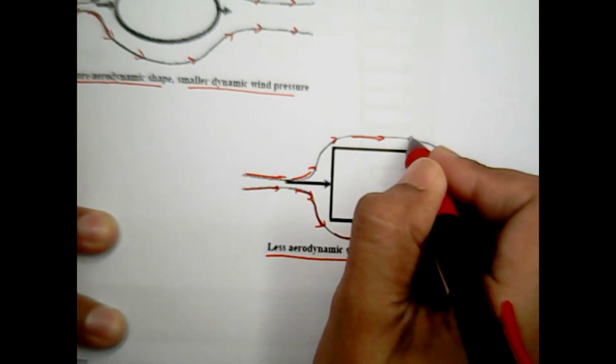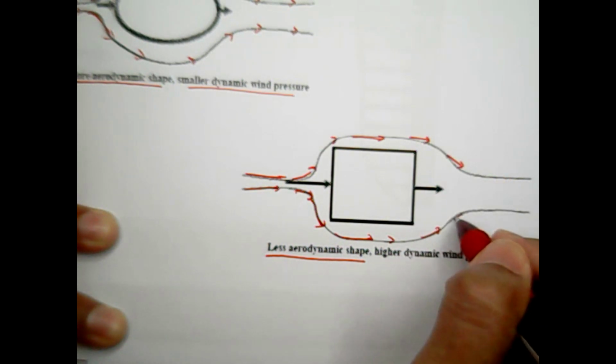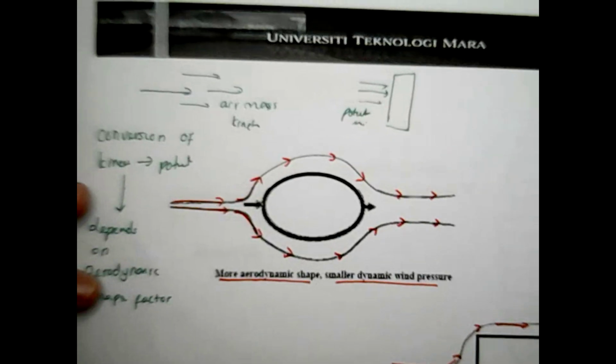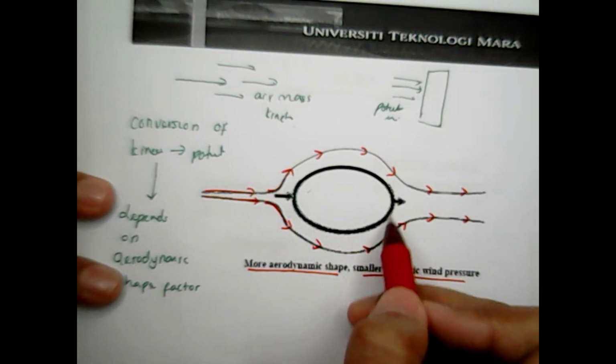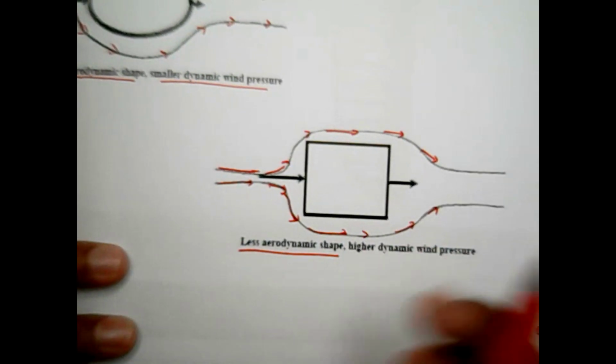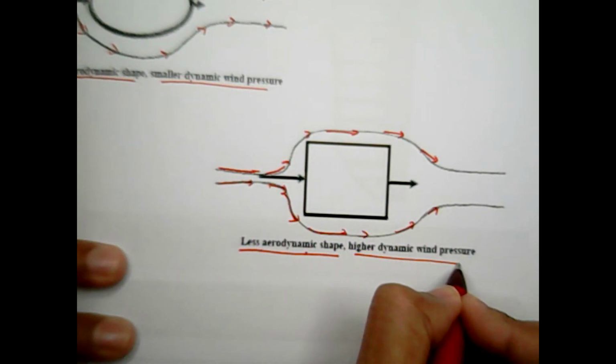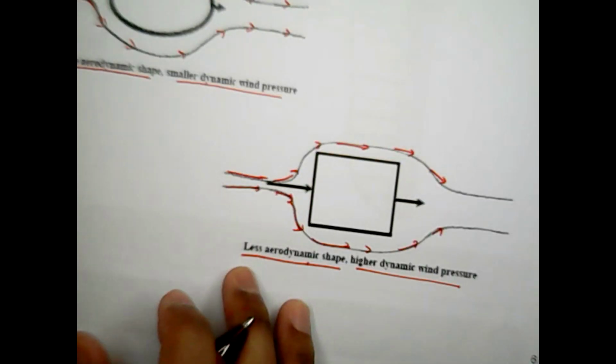So the dispersion of the wind load is not as smooth as when you have a good aerodynamic shape factor. So in this particular case, less aerodynamic shape, higher dynamic wind pressure.